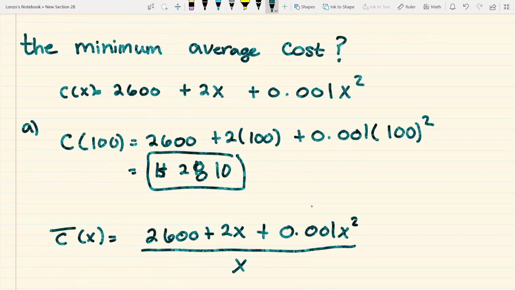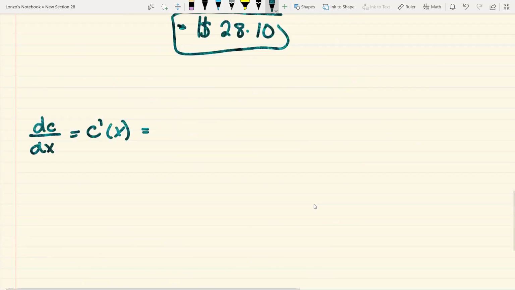Just take the derivative. The derivative of 2600 is 0. The derivative of 2x is 2. The derivative of 0.001x squared, using the power rule, is 2 times 0.001, which is 0.002x. Okay, so let me write that out.